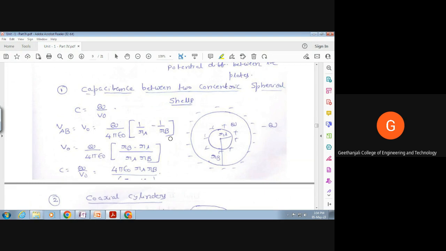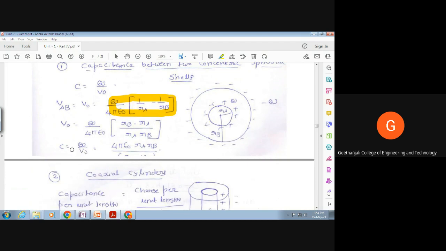The potential difference between two concentric spherical conductors is given by Q by 4 pi epsilon naught into 1 by RA minus 1 by RB. So V0 is equal to Q by 4 pi epsilon naught into RB minus RA by RA into RB. So what is the capacitance of the system? Q divided by V0, so it is equal to 4 pi epsilon naught RA RB by RB minus RA.